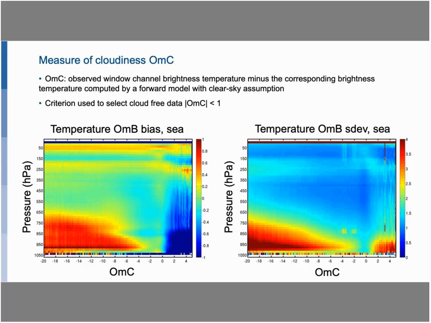So we wanted to focus on the best profiles in the first case, so we used the criterion for the cloudiness that the absolute value of the O minus C was less than 1. So that was selecting the best of the best from the retrievals for the first assimilation trials.